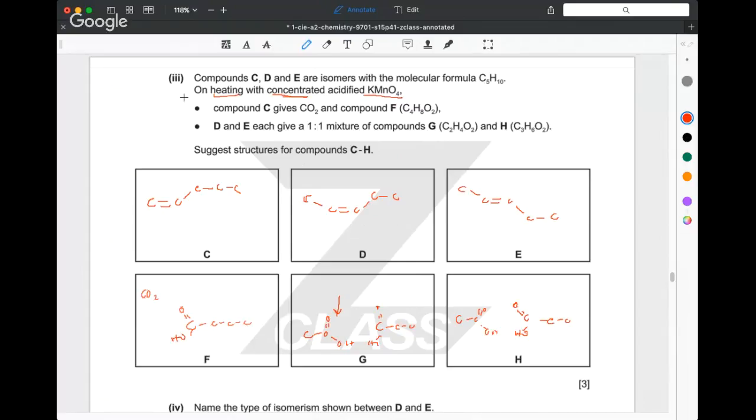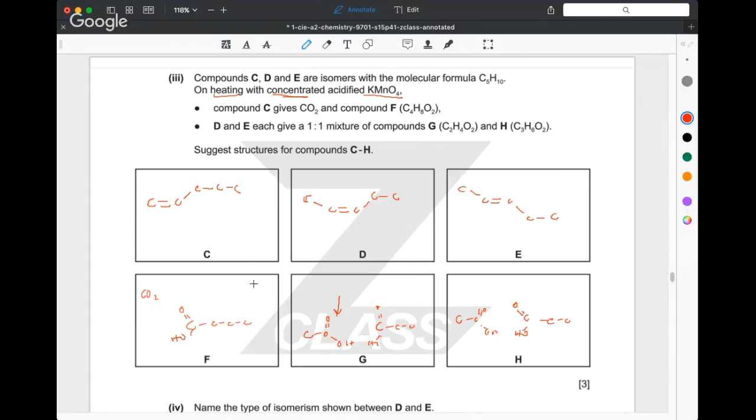I haven't checked the mark scheme. So this was question 7. Oh, so the mark scheme is giving you not skeletal formulas or displayed formulas, but structural formulas.